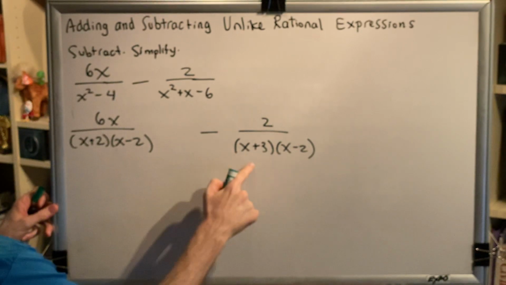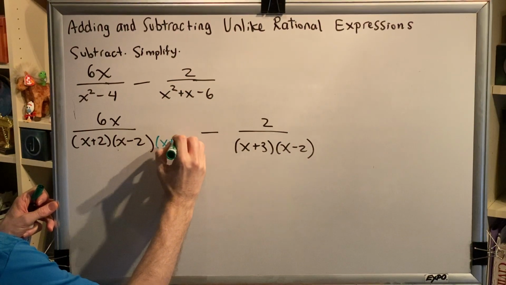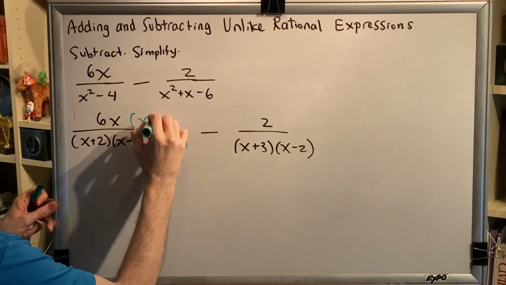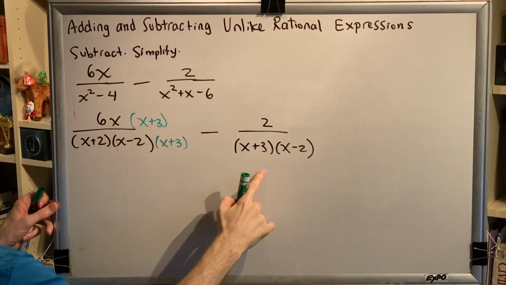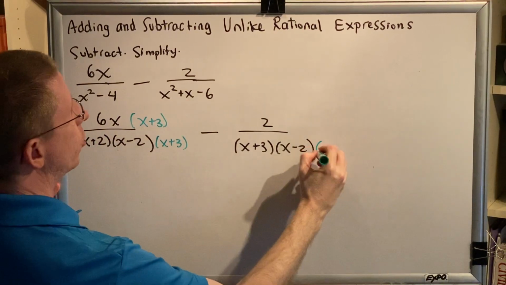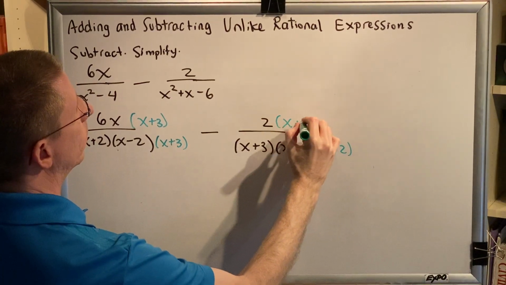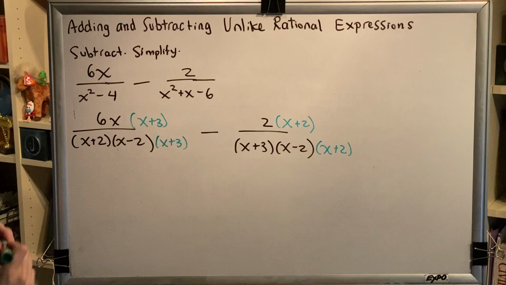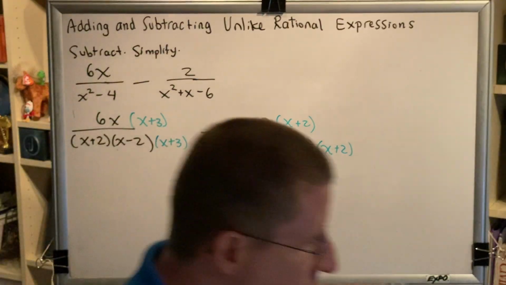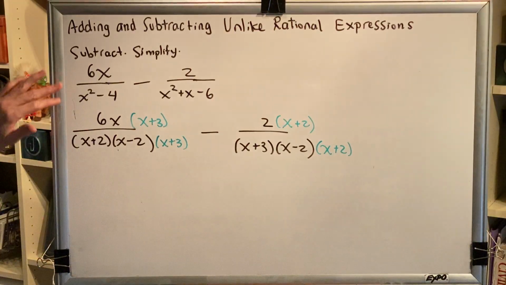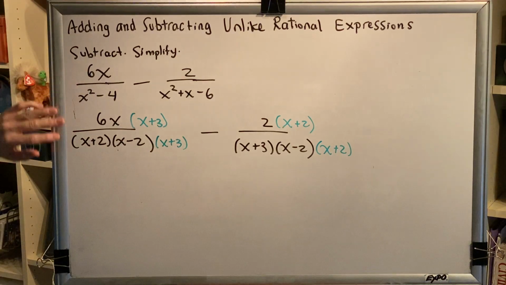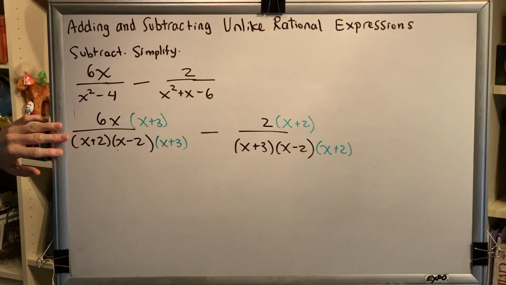The first fraction is missing an x plus 3 top and bottom. The second fraction is missing an x plus 2 top and bottom. Now the denominators match, and we have turned our unlike rational expressions into equivalent like rational expressions.